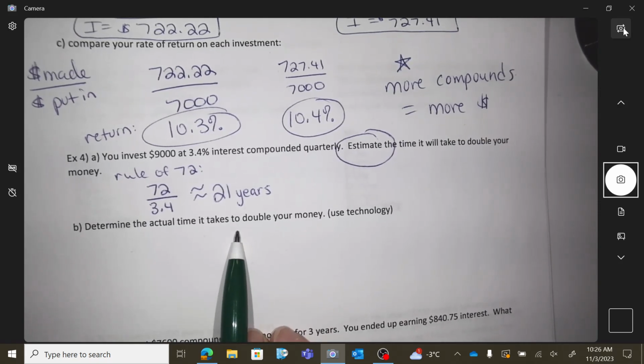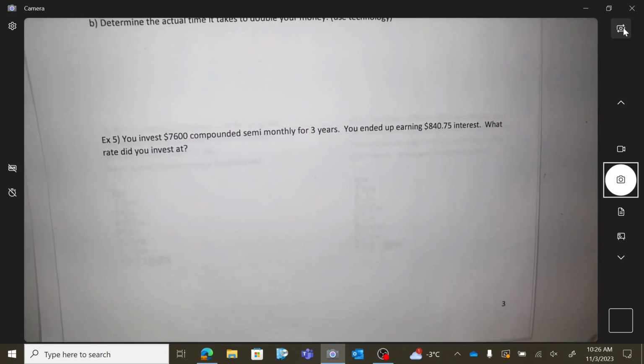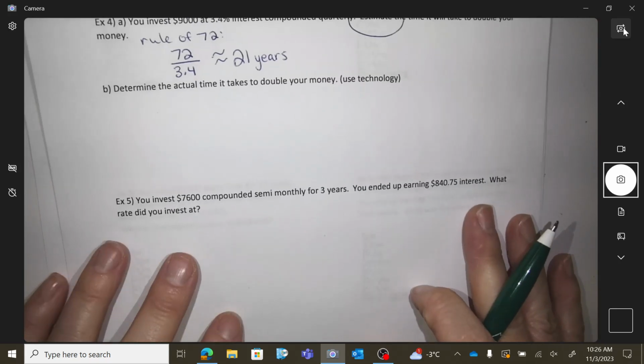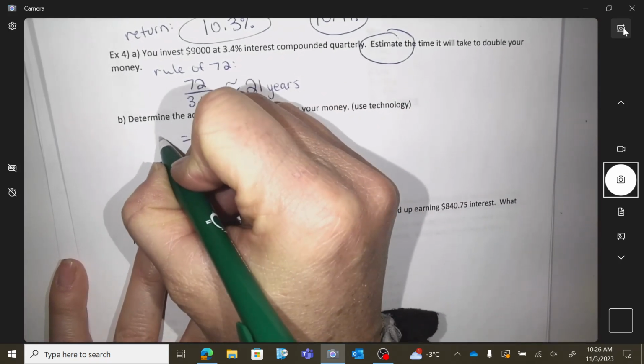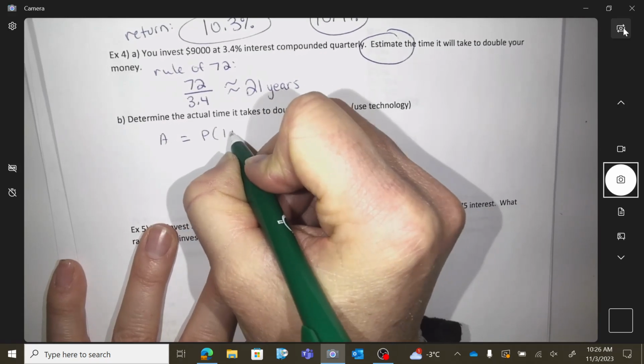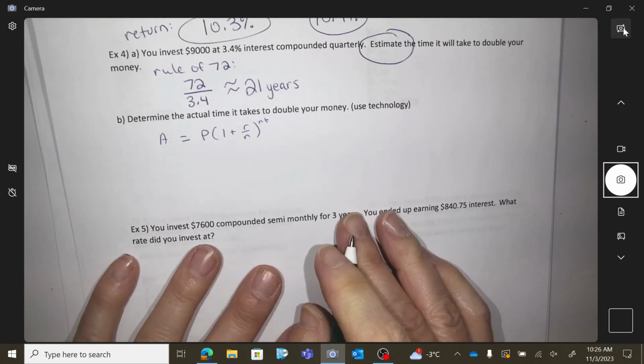Determine the actual time to double your money. Okay, so here's what I want to do. You don't need to write this out. I'm just going to write it out. Okay, so here we go.